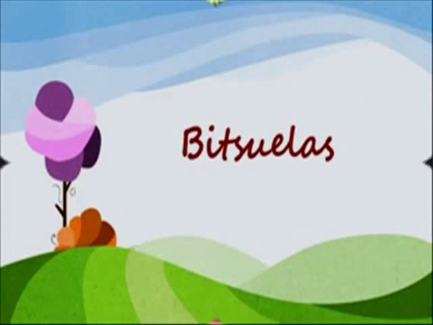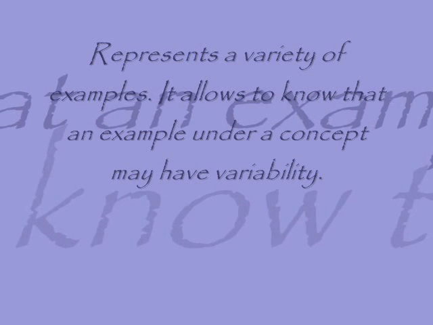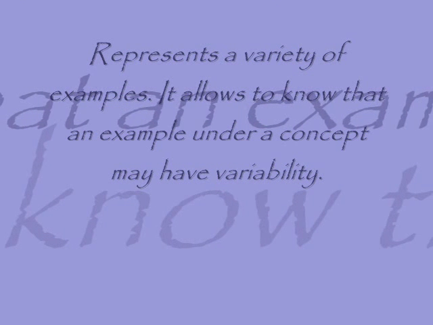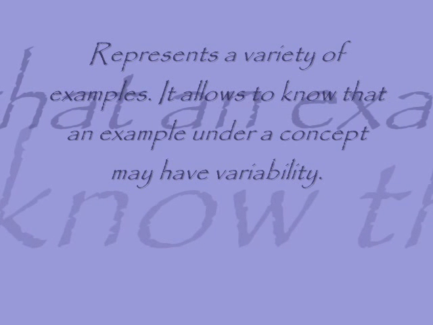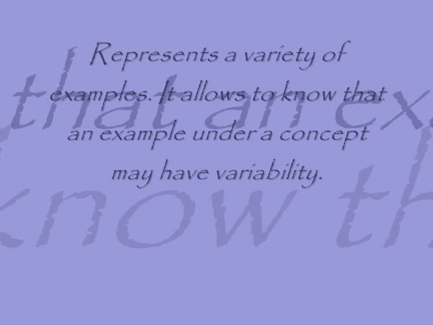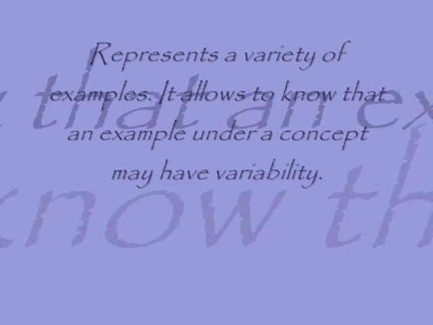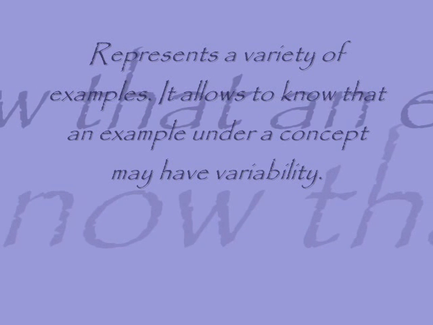Example: a learner's concept of vegetable may include a wide variety of different examples like cauliflower, kangkong, cabbage, string beans, squash, corn, potatoes. When he encounters a new type of vegetable like bitsuelas, he would search for the exemplars he knows and look for one that is most similar, like string beans.